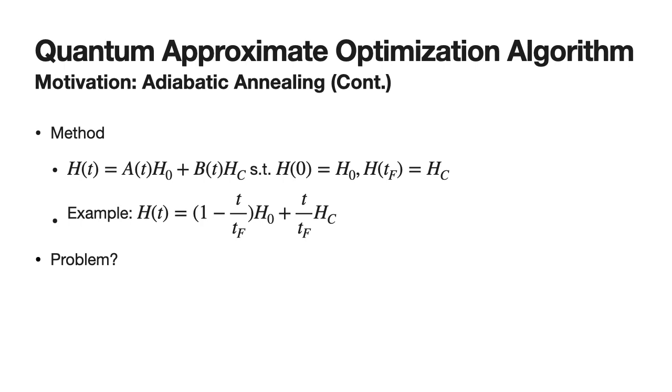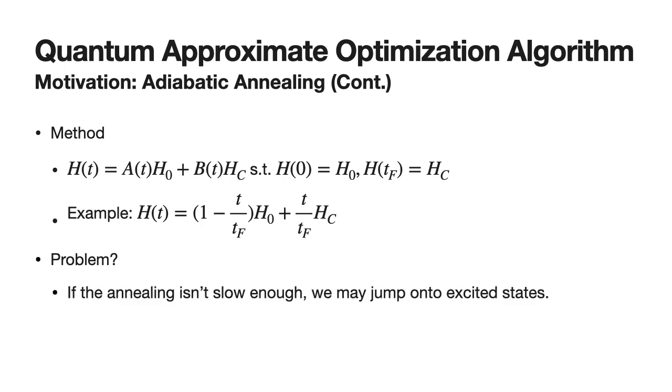However, there are two key challenges with realizing this adiabatic computation. The first one is that if the system doesn't evolve slowly enough and violates the adiabatic condition, it can get stuck in excited states rather than following the true ground state all the way to the final HC.